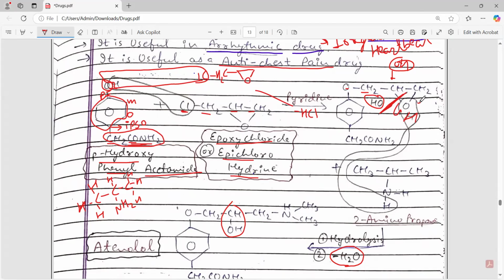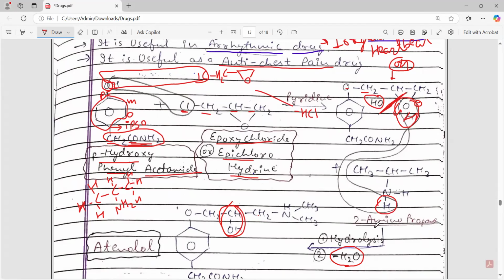Here a negative charge will be created on oxygen, so hydrogen will be attached as OH. OH minus will attack on this carbon. Basically O CH2 CHOH remains as it is, and then CH2 NH CH3 CH3. This OH and the H eliminated from the NH2 of amino propane combine to give H2O.